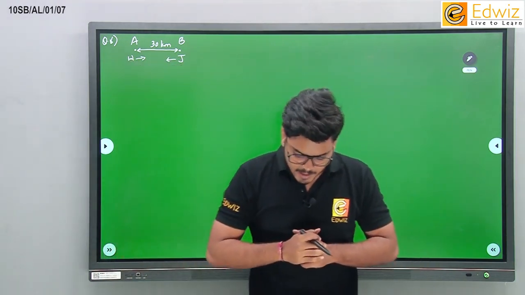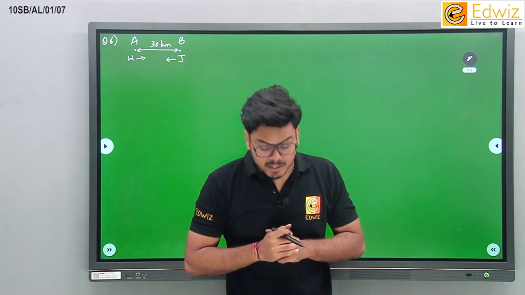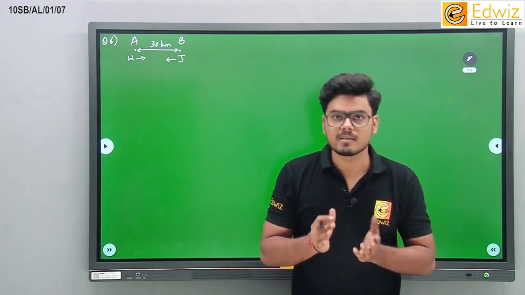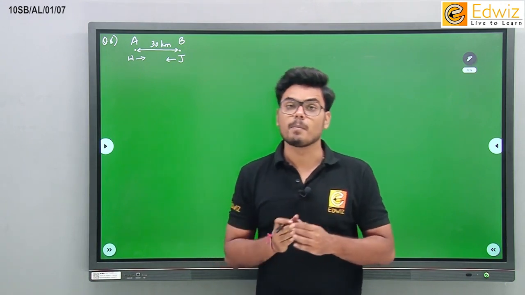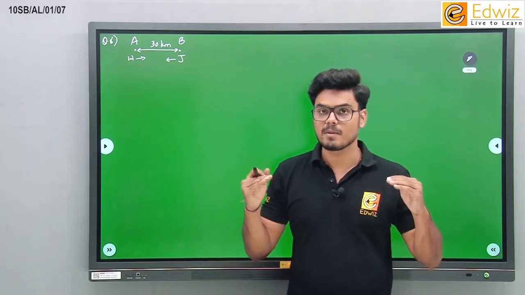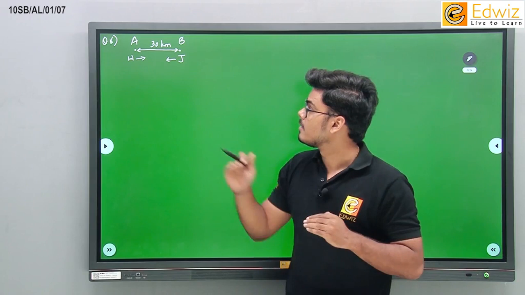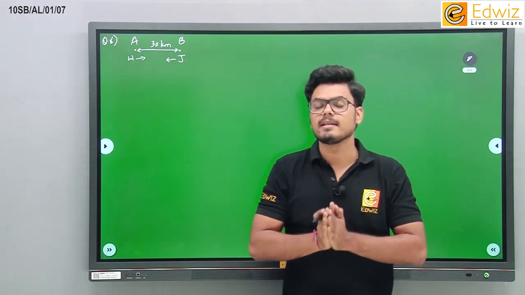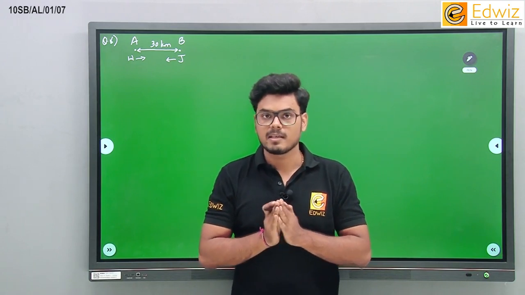Now next, they meet each other after 20 minutes. Okay, so the speeds of these two will be different. We don't know what their speed is, but when they are meeting at 20 minutes, they are covering the total distance of 30 kilometers in these 20 minutes, both together.